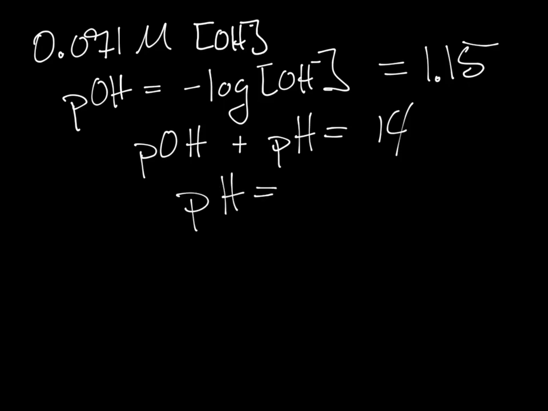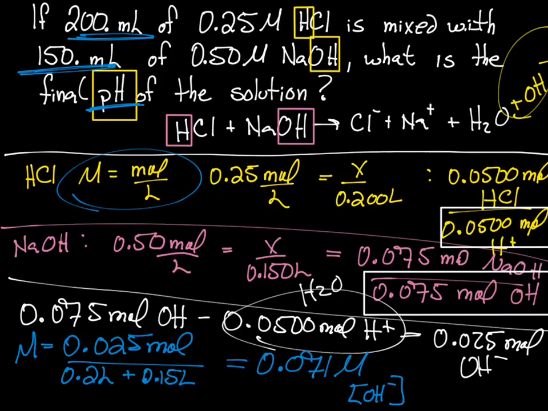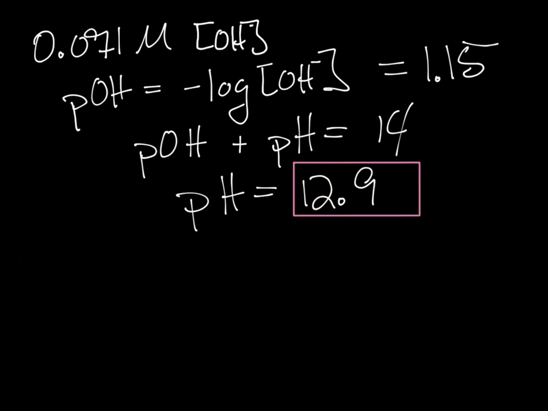So our pH would be about 12.9, which would make sense because we had leftover OH, right? Which means our solution should be basic.